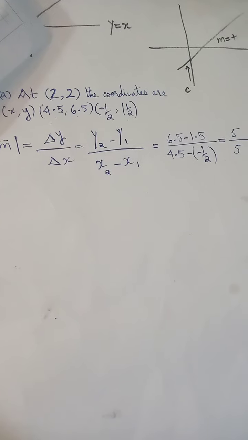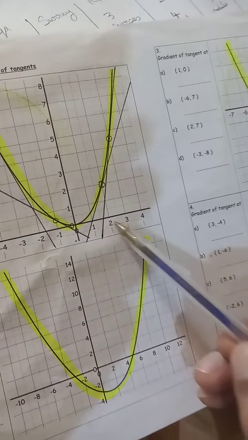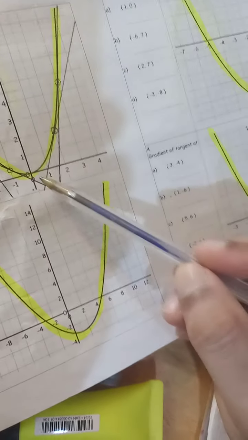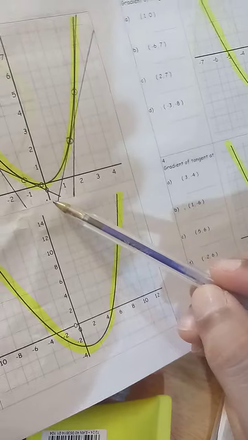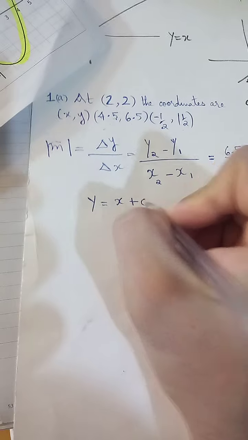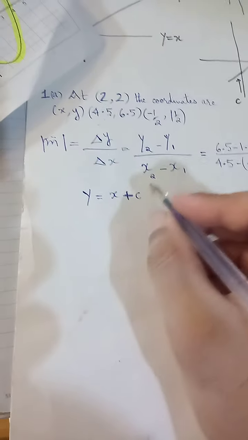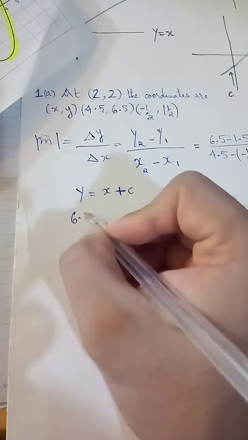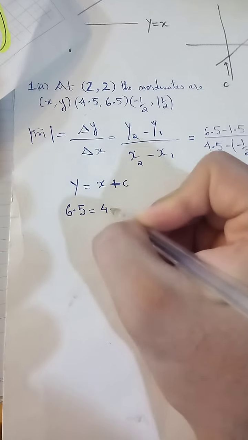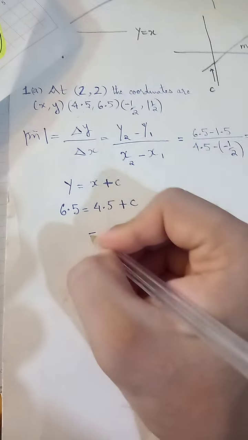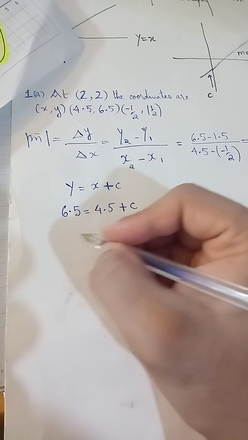And this 2, 2 line doesn't seem to be interacting with the y-axis anytime soon, so we can't derive an equation out of it. What we can do is y equals, we now know that it's x plus c. We don't know what c is, so what we'll do is take one of these value pairs and put it here. So we'll plug in the value 6.5 equals 4.5 plus c, and we'll get 2.